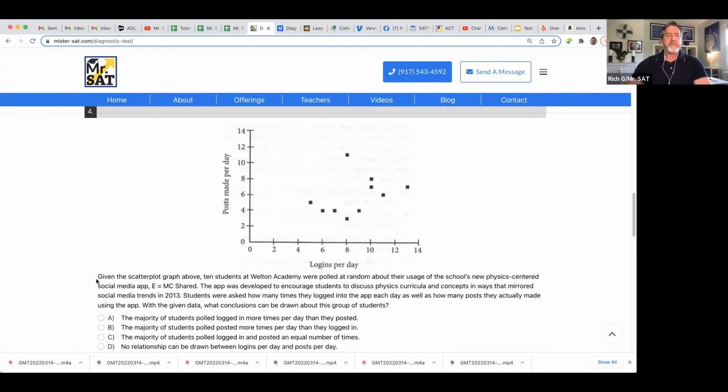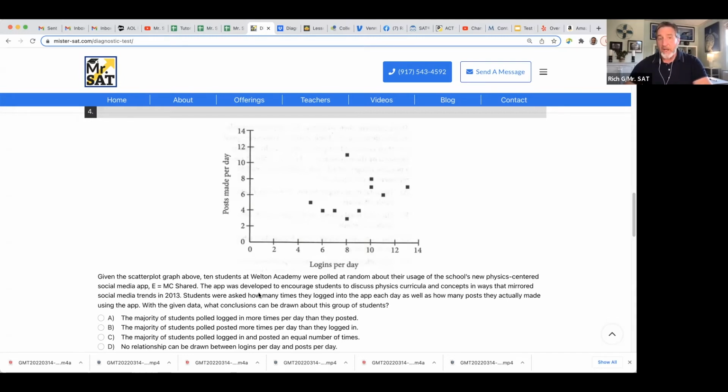Let's get to it. Given the scatter plot graph above, 10 students at Welton Academy were polled at random about their usage of the school's new physics-centered social media app, E equals MC shared. Do you get it? E equals MC shared. You ever heard of Albert Einstein? Well, that's an Einstein joke.